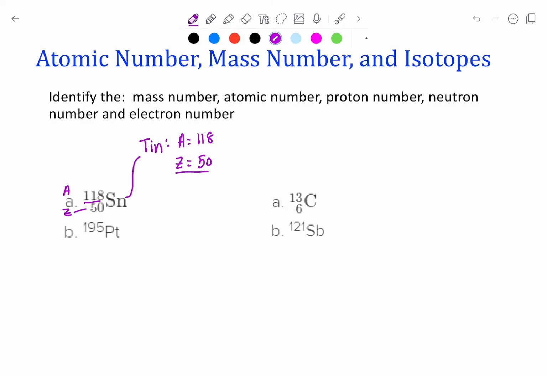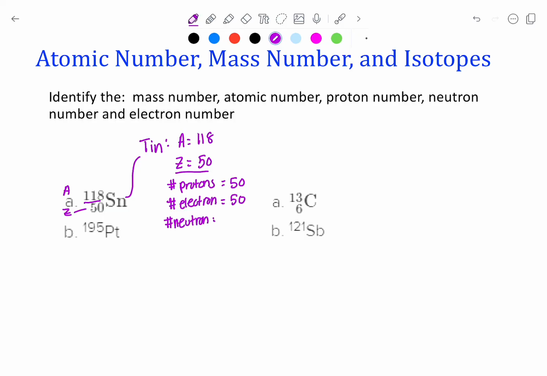So if we know Z, we know the number of protons, we know the number of electrons, and those are both 50. Finally, we have to find our number of neutrons.